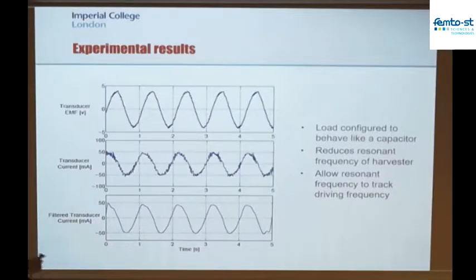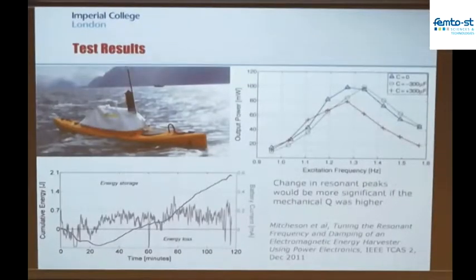You can see here the EMF that we got from the transducer, and the current that we put into the transducer. It's a fairly small change, I admit, but you can see a change in resonant frequency. With the power electronics, we can emulate positive or negative capacitances.